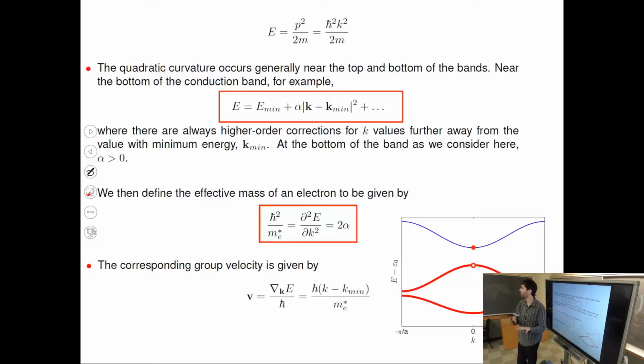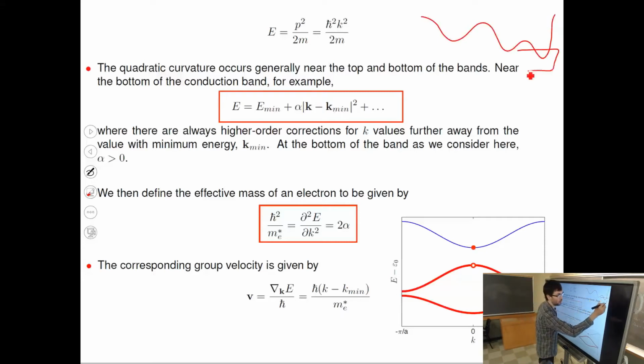So for all bands looking like this, if you go into the minimum, you can expand it in this form where you have the minimum of the band energy, and then the next term will be a quadratic term, right? There will be no linear term because otherwise it wouldn't be a minimum. But there will be most of the time a quadratic term.